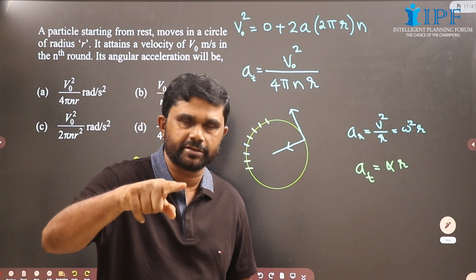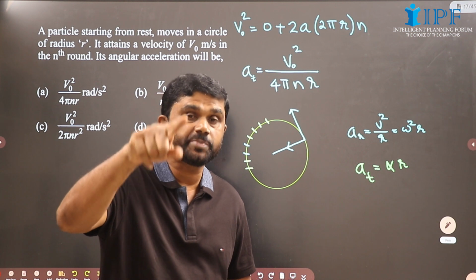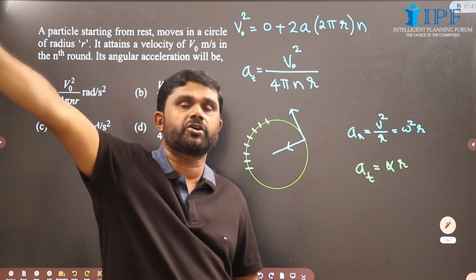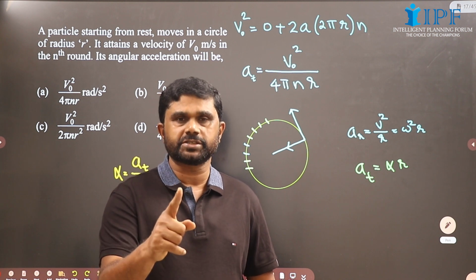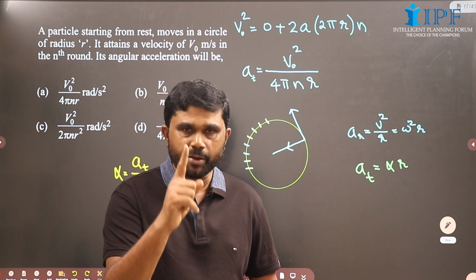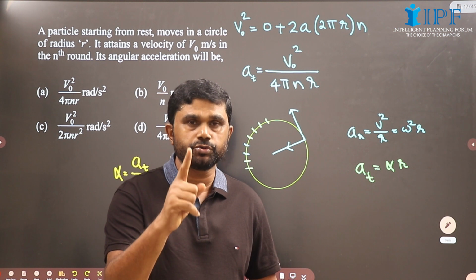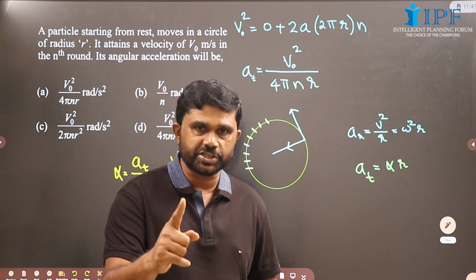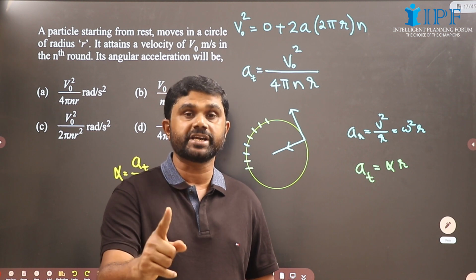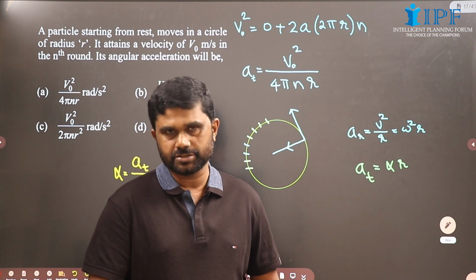Since acceleration and displacement are always along the same direction, along the tangents, you can apply v square equal to u square plus 2as.